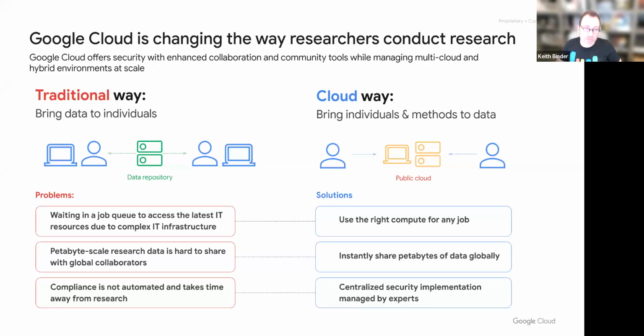It's typically very painful to get all the security fundamentals implemented, both on a central IT side and for a researcher. With the cloud, we try to alleviate some of that and automate some of the security implications you may have had to do manually in the past.